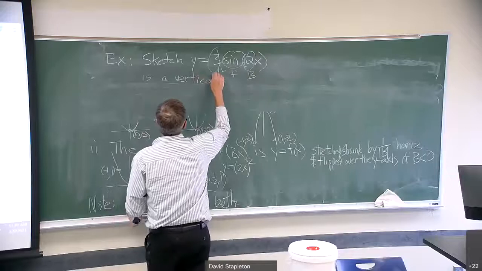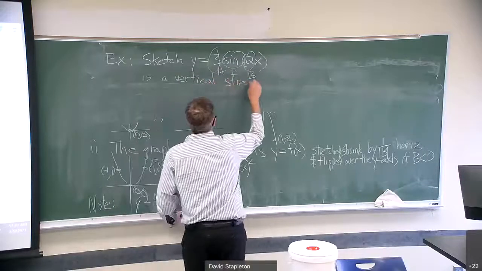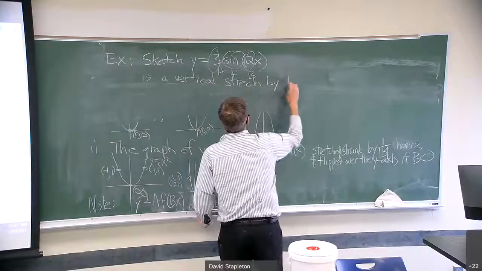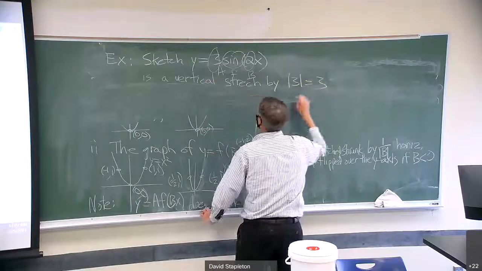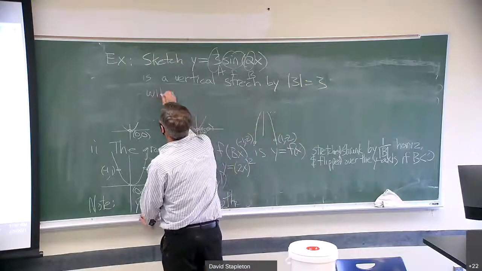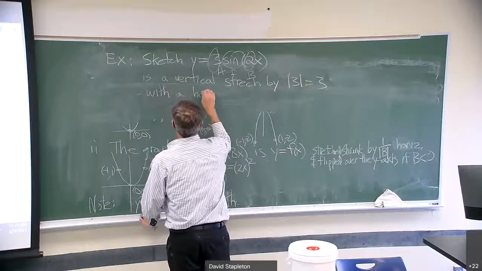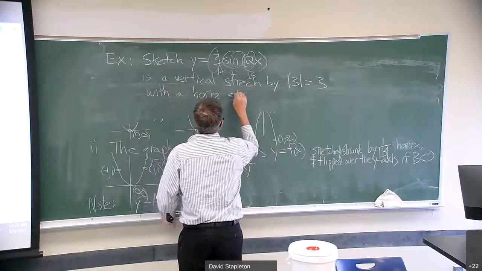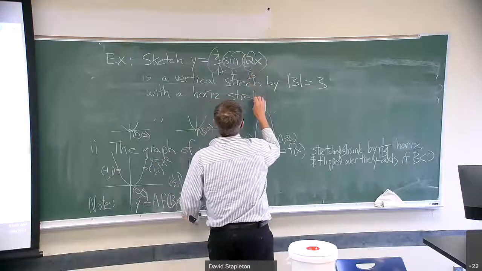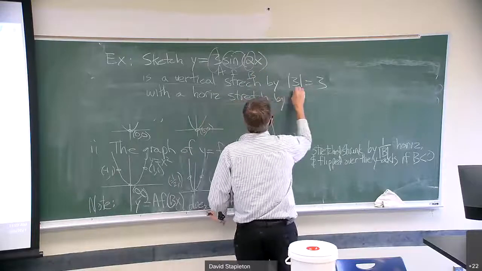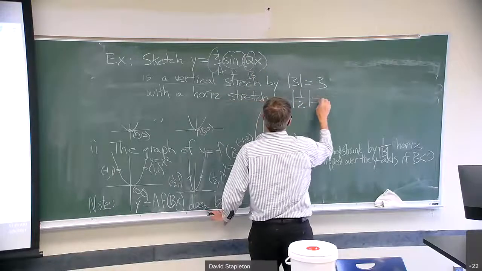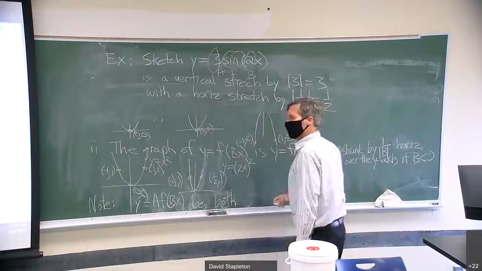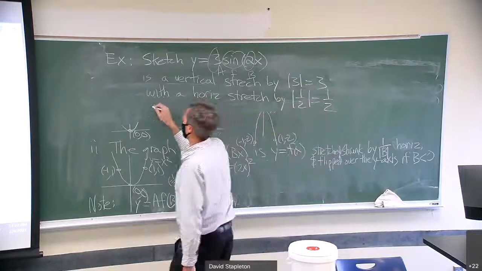This is a vertical stretch by a factor of 3 about the x-axis, with a horizontal stretch about the y-axis by a factor of 1 over 2. Absolute value is still 1 over 2. No flips because they're both positive numbers.